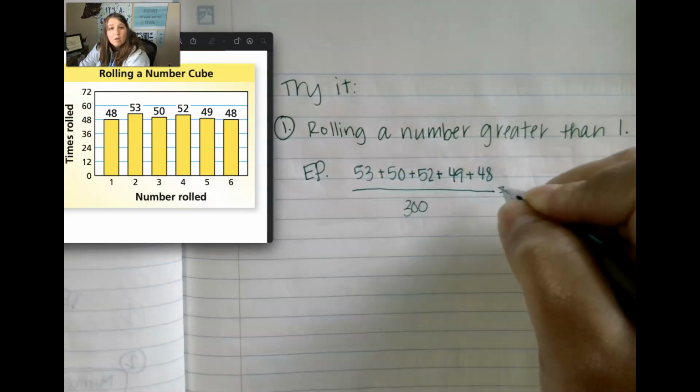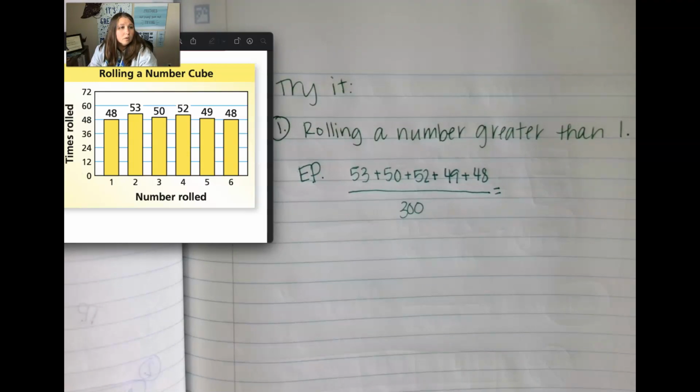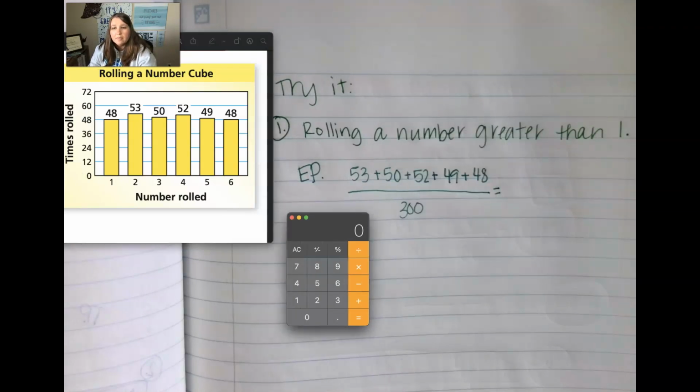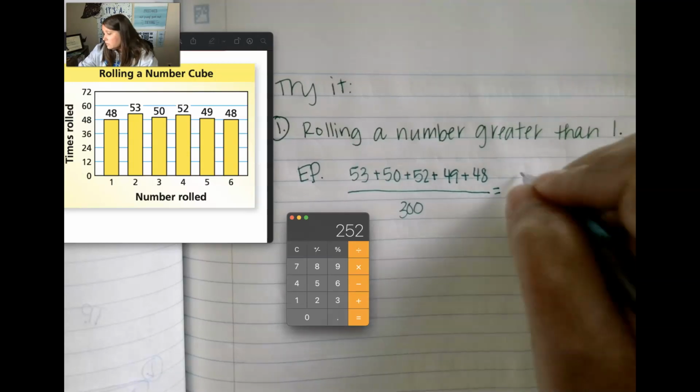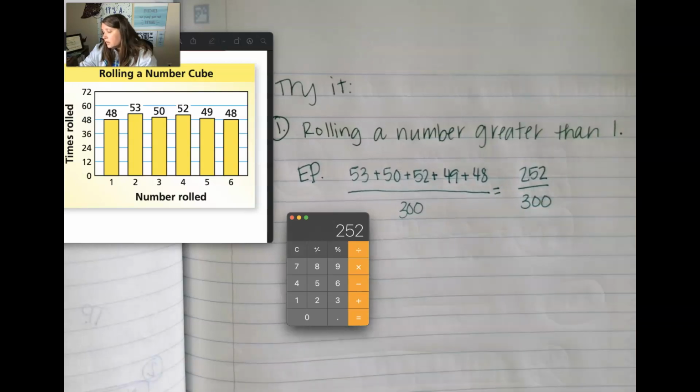So when we add all this up, where's my calculator? I had too many tabs open. Okay, so when we add this up, we have 53 plus 50 plus 52 plus 49 plus 48. This gives us a total of 252 over 300.